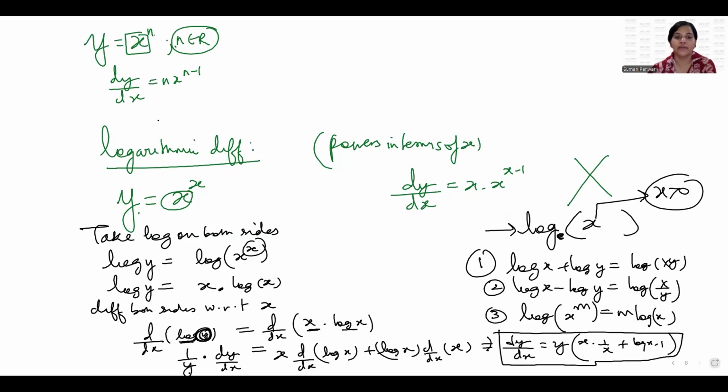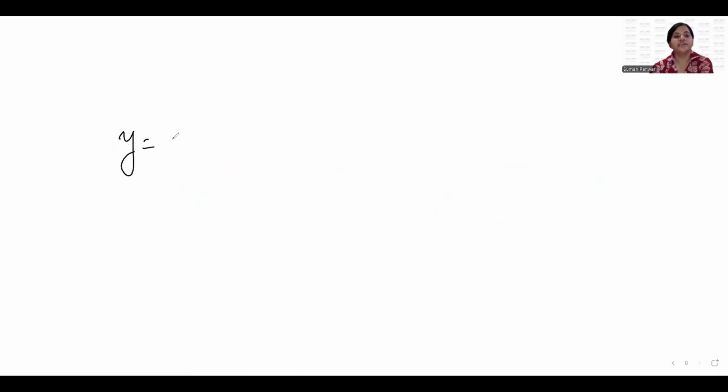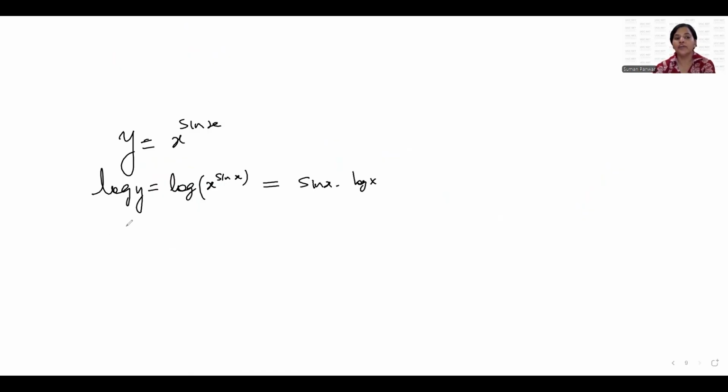Let us take one more example. Suppose y is equal to x power sine x. Then we take log on both the sides. So log y will be log x power sine x. Again the power will come out. It will be sine x into log x. Now differentiate both sides with respect to x. So derivative of log y will be 1 upon y dy by dx.